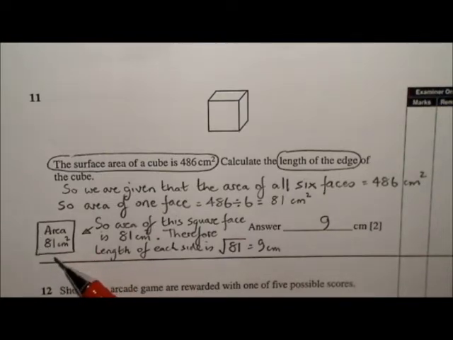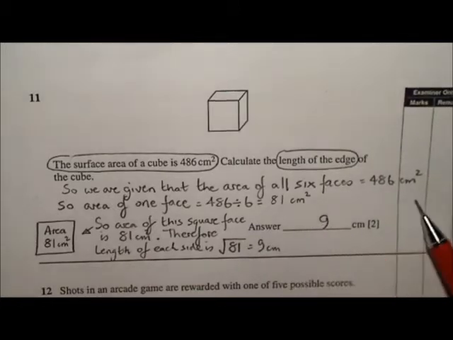So it's this length multiplied by this length must equal 81 centimeters squared, and the way we find that is we take the square root of 81, and this is a calculator paper, so you can key that into your calculator, and the answer then is 9 centimeters.